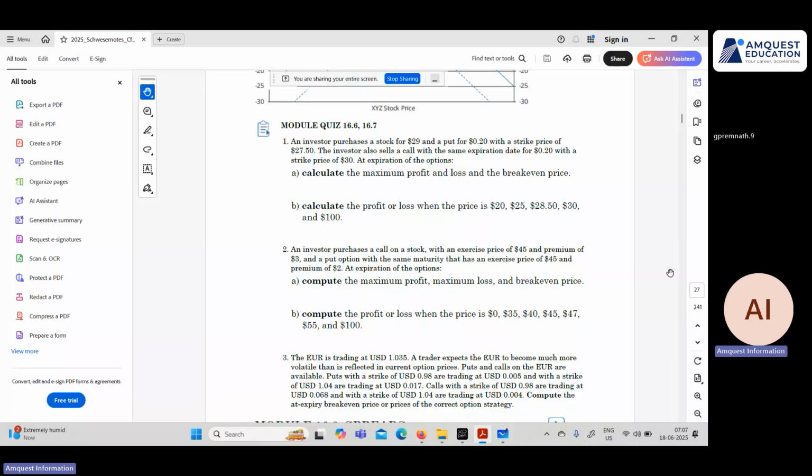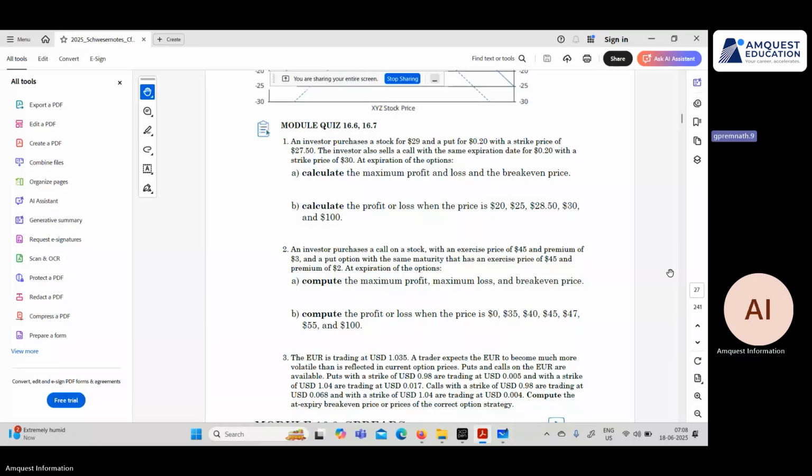Got it. Now let's start calculating the maximum profit and loss and break even. Maximum profit: bought it for 29, and the call strike is 30, so maximum profit is $1, that's 30 minus 29.